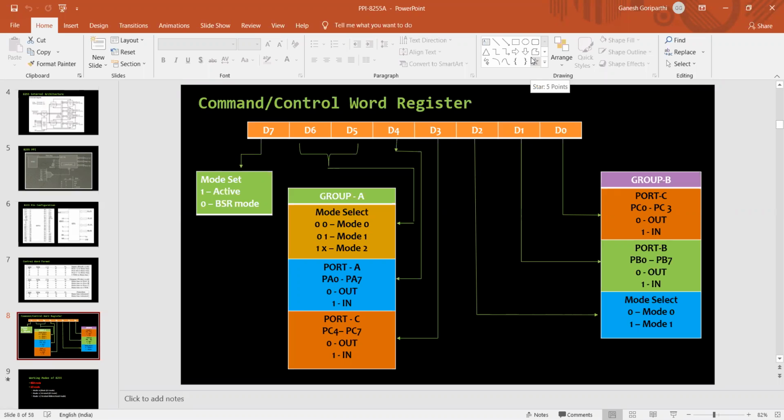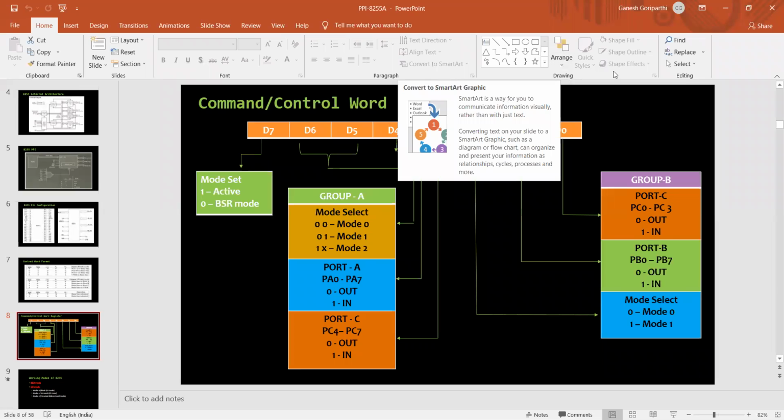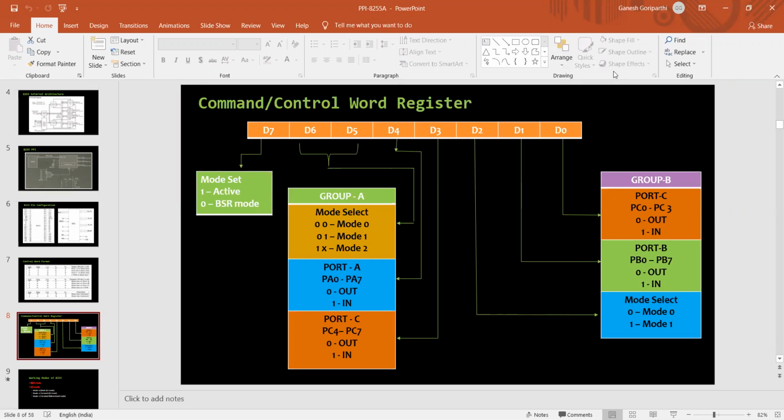I told you that we can program the 8255 how to work and in which mode it has to work. That can be programmed by the programmer using the 8086. So the 8086 sends this particular command word to the 8255 through the data bus buffer when A1 and A0 are equal to 1, 1.